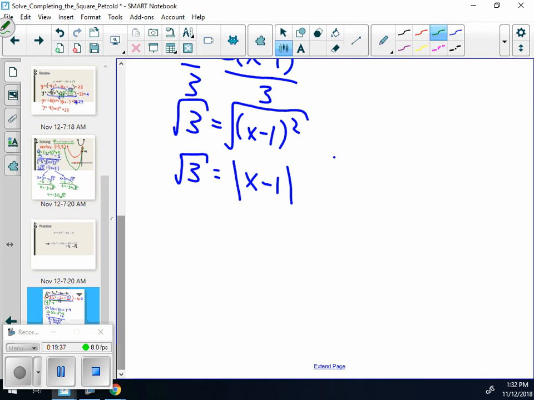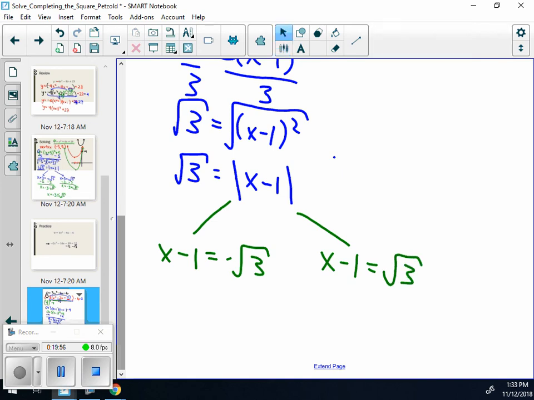Avery? So what are our 2? So we got the negative square root of 3, and then what's the other case? Just a positive. Awesome.